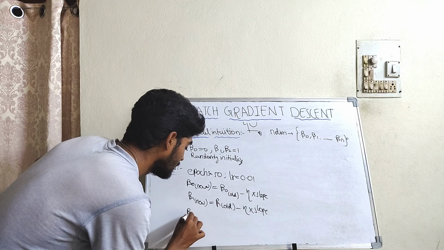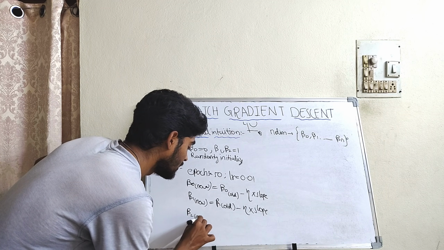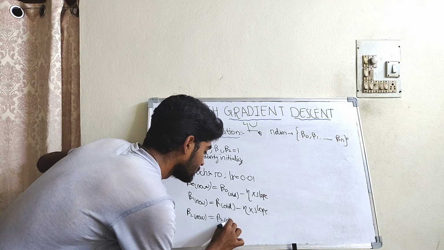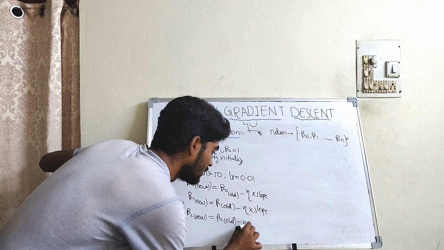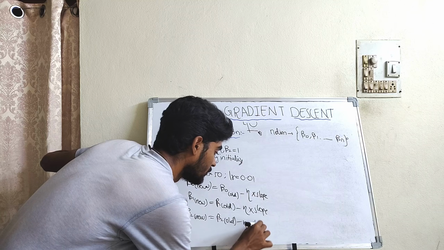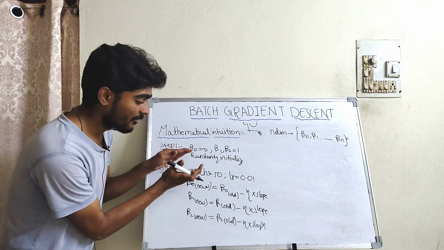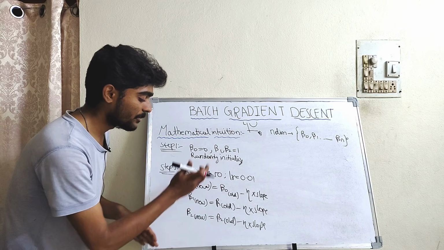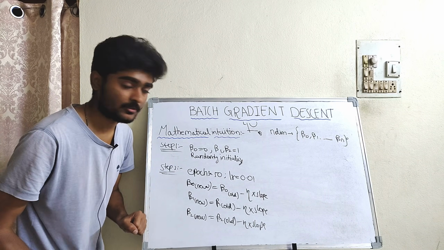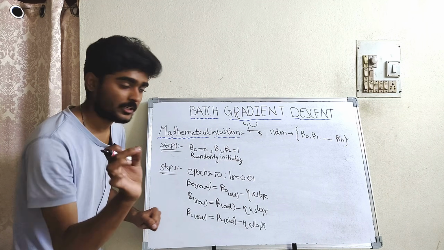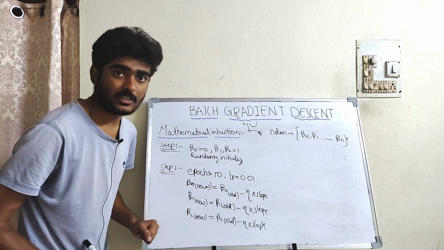Similarly, beta 2 new is equal to beta 2 old minus learning rate times slope. For 50 epochs, you will be continuously updating your weights and bias parameters. This eta is nothing but our learning rate.